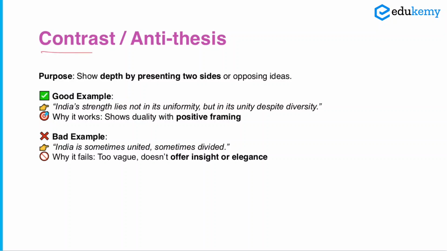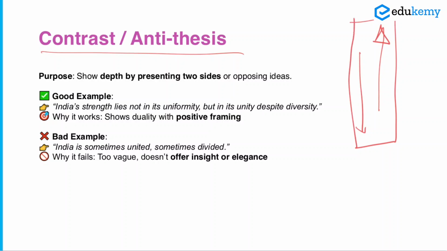Contrast or antithesis is another one, where we say two things, two sides to a particular point of view, and we express both of them in one sentence to make a point. So, India's strength lies not in its uniformity, but in its unity despite diversity. On one side there is uniformity, on the other side there is diversity, right?